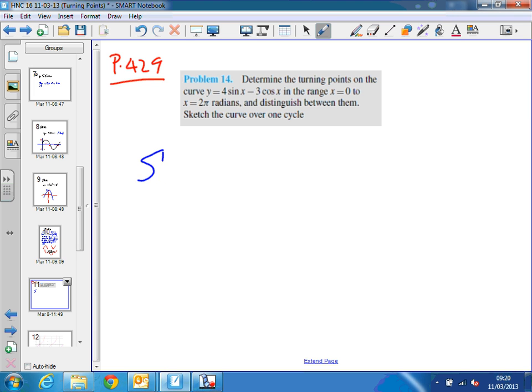Step 1. Function y equals 4 sine x minus 3 cos x. We're after the turning point. The turning point's to do when the rate of change is 0, so what do you think we do first? Right, we differentiate it. The two variables here are y and x, so dy by dx.